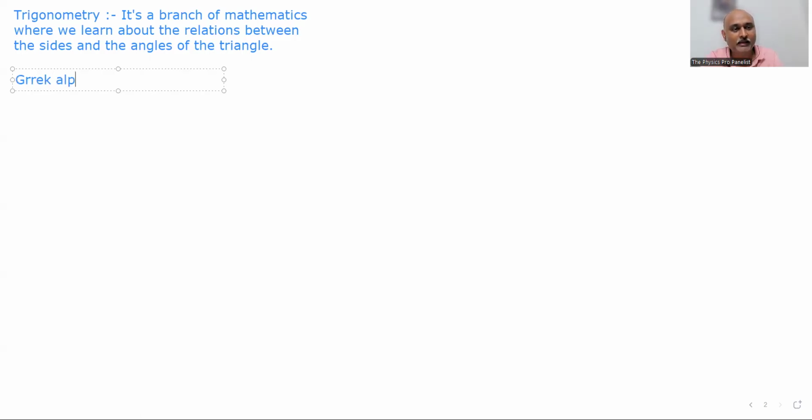We will be using these Greek alphabets as symbols to represent the angles of a triangle. So alpha, beta, gamma, theta, and there is also delta.